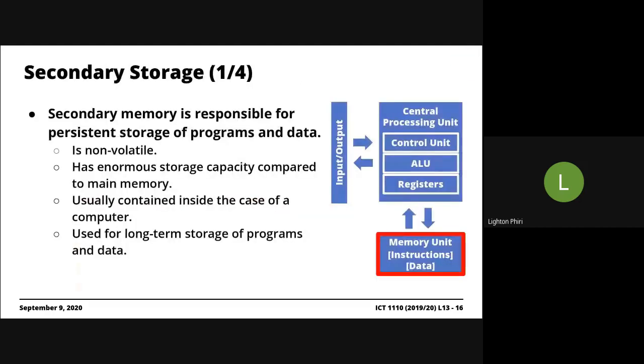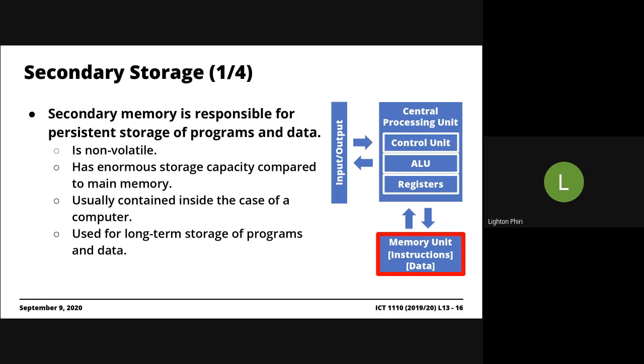Right. So a few obvious things that I think we discussed in a previous lecture, I don't know if it was number 11 or number 10: the purpose of secondary storage is to persistently store data. The idea behind secondary storage is to facilitate the long-term preservation of data.